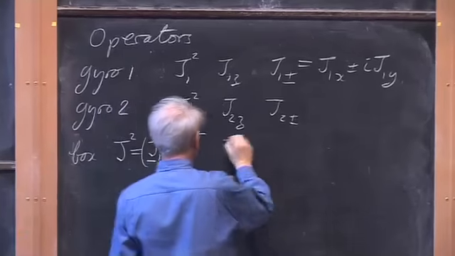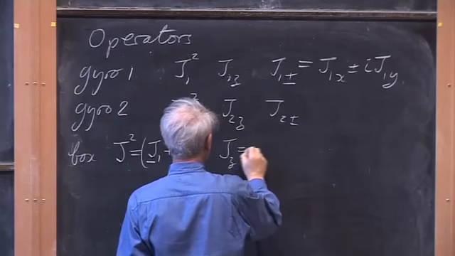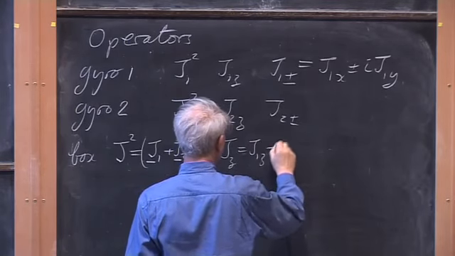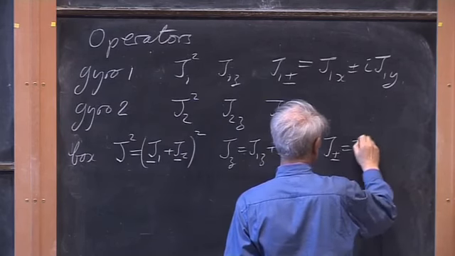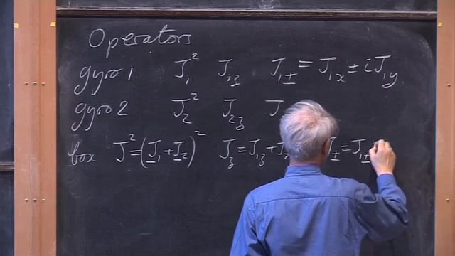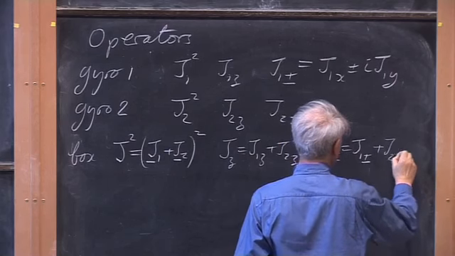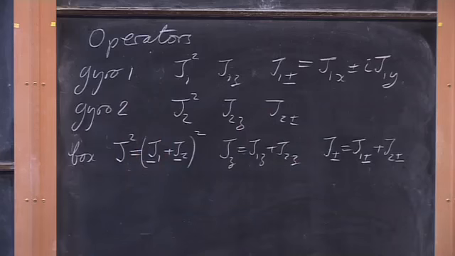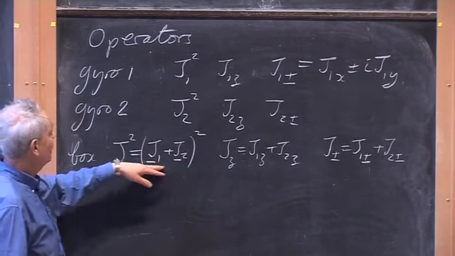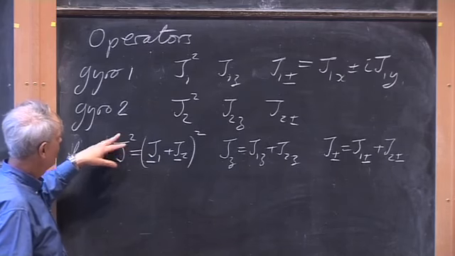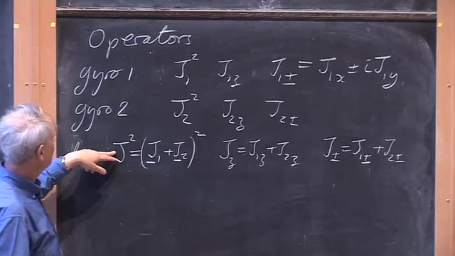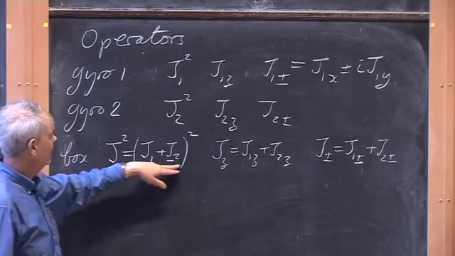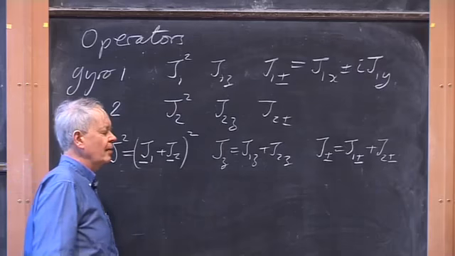And we will have Jz, which is equal to J1z plus J2z. And we will have J plus or minus, which is equal to J1 plus or minus plus J2 plus or minus. So we add the operators belonging to distinct systems. Here, because it's a squared, this should be the vector operator belonging to the box squared, so we add the vector operators belonging to the individual gyros.